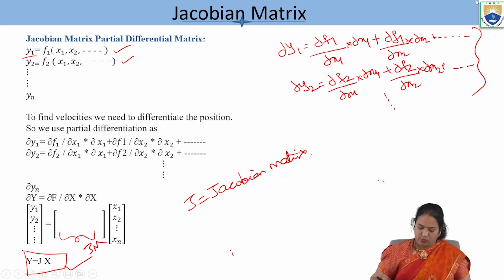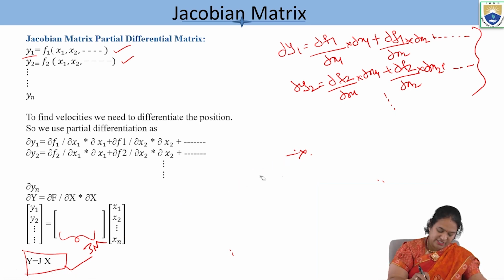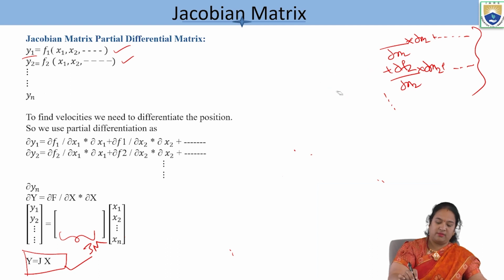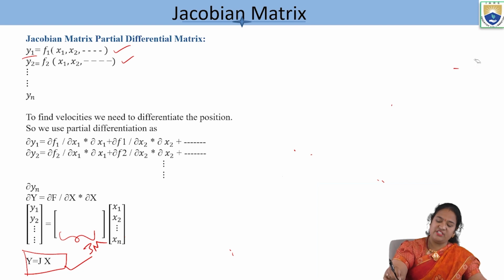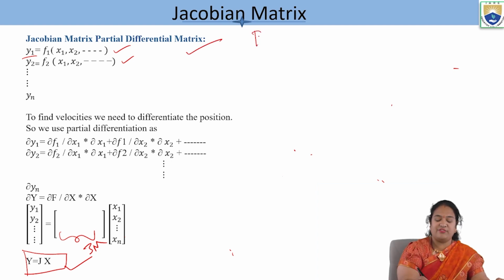Now we need to know the difference between the partial differentiation method and the velocity propagation method, right? In partial differentiation, we are differentiating the equation. Whatever we have done here is partial differentiation.